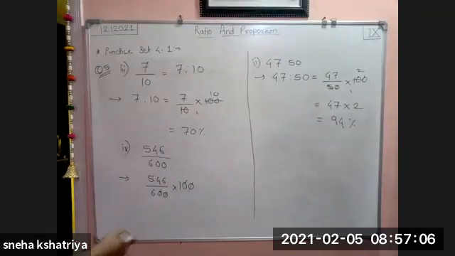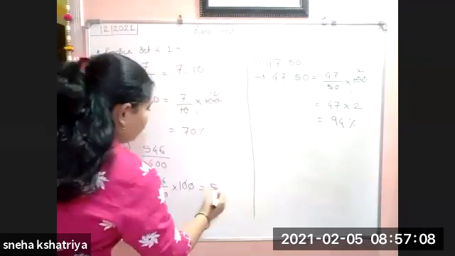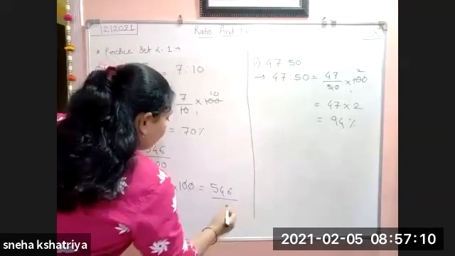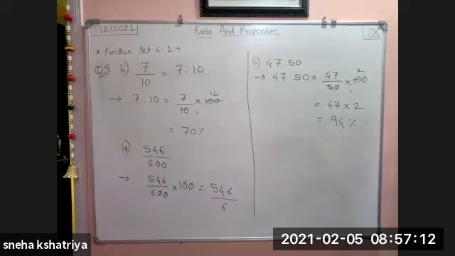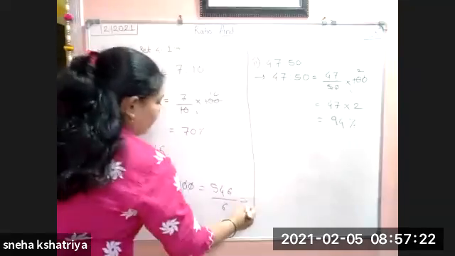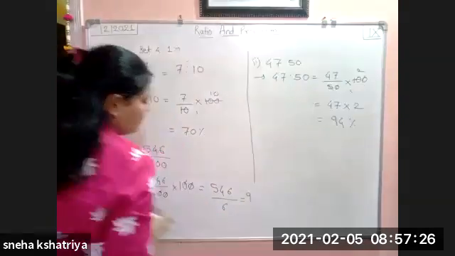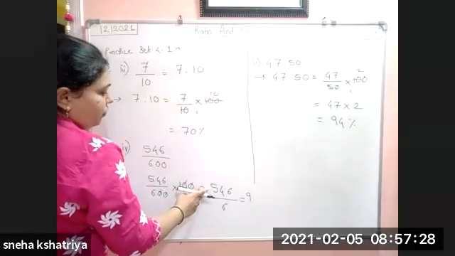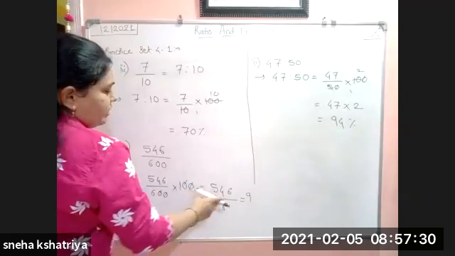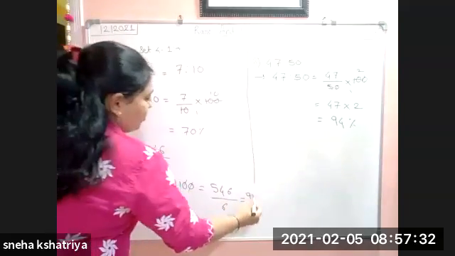So what you have to divide is 546 divided by 6. If you can divide it directly, you can divide directly. This is your 91. 6 nines are 54 and 6 ones are 6. So 91%.